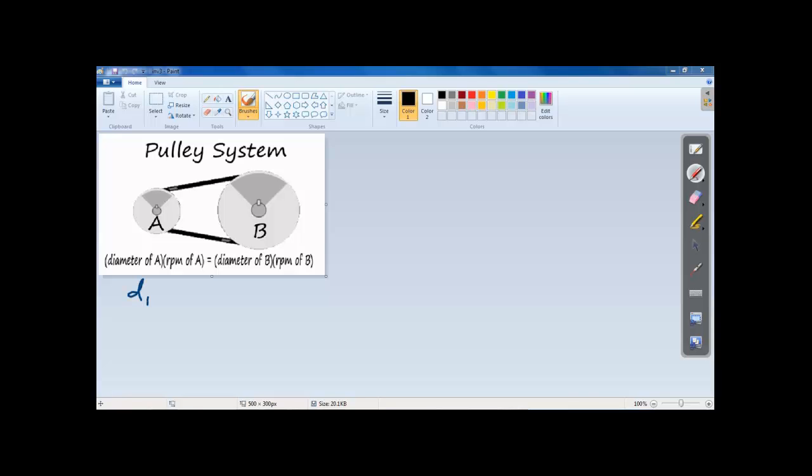The diameter of pulley A multiplied by the RPM of pulley A will equal the diameter of pulley B times the RPM of pulley B. We will use this relation to solve applications on this relationship.